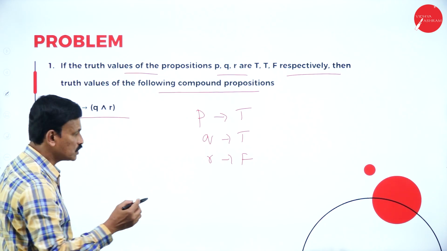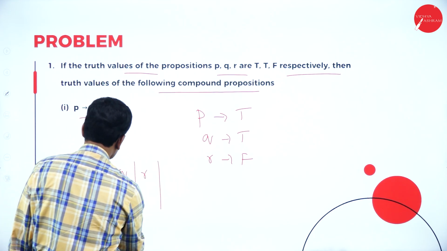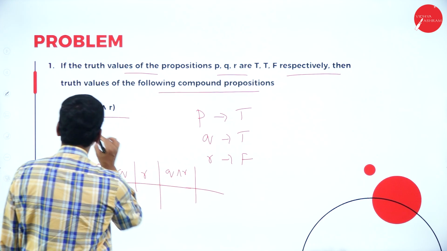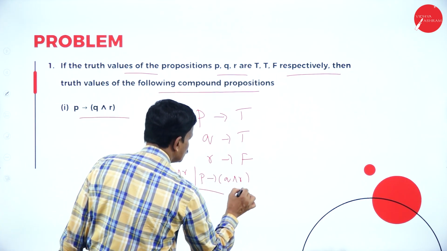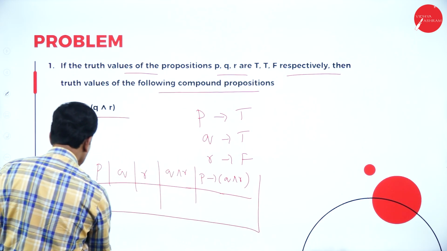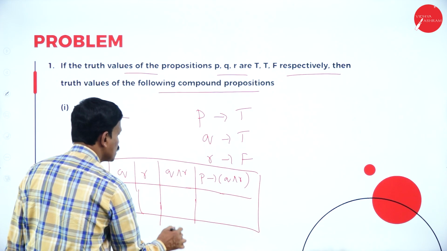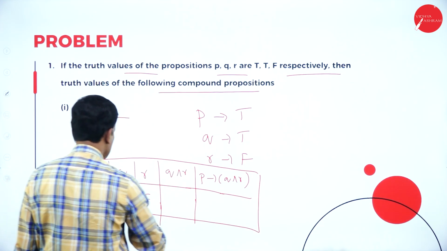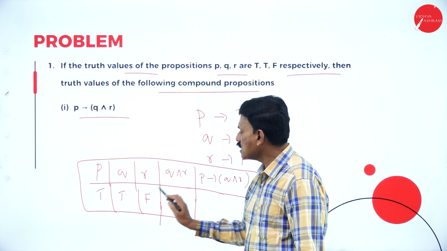Now let us construct the table. This is P, Q, R, then Q conjunction R, then P conditional to Q conjunction R. Write down the given elements: P is true, Q is true, R is false.